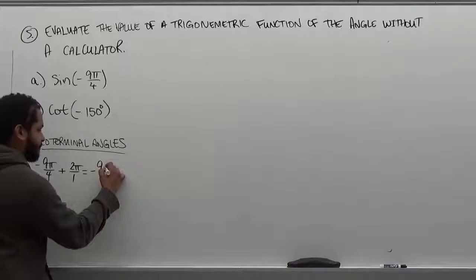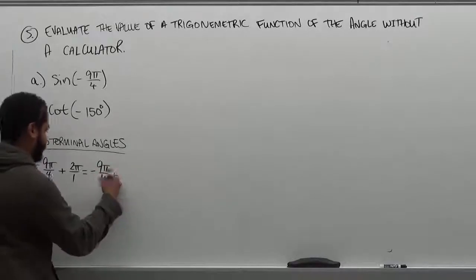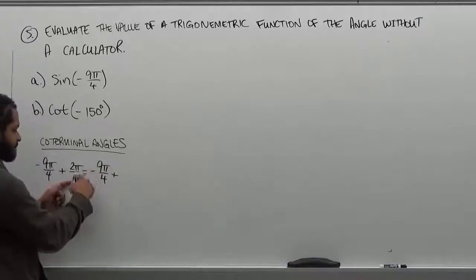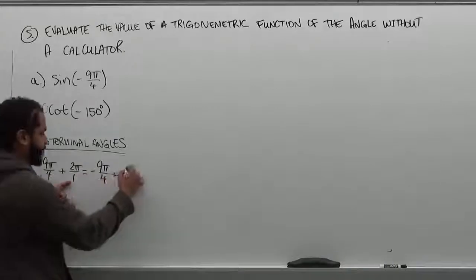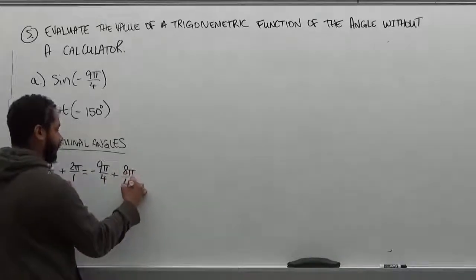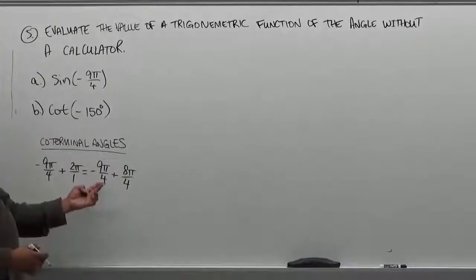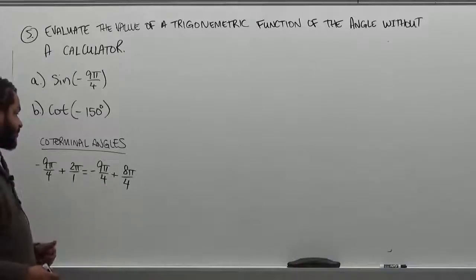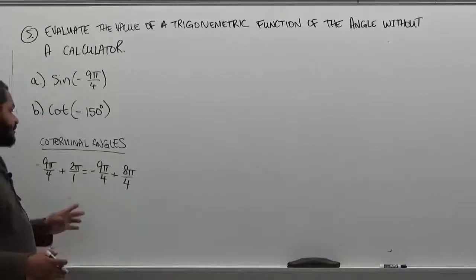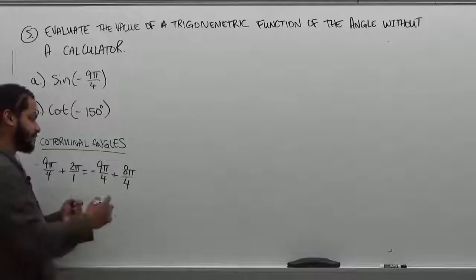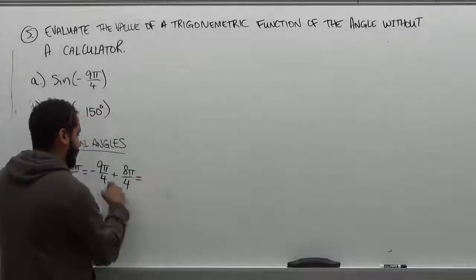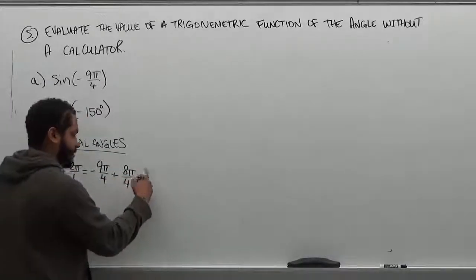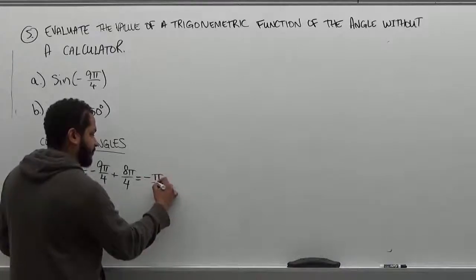We get negative 9 pi over 4 plus, multiplying by 4 on top and bottom, 8 pi over 4, which makes a common denominator between the two fractions. When we add these two, it's still negative: negative 9 pi plus 8 pi gives negative pi over 4.